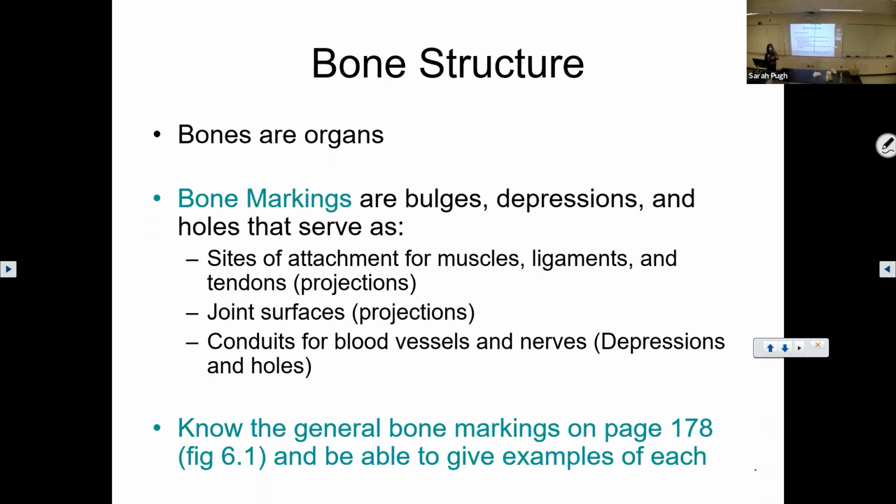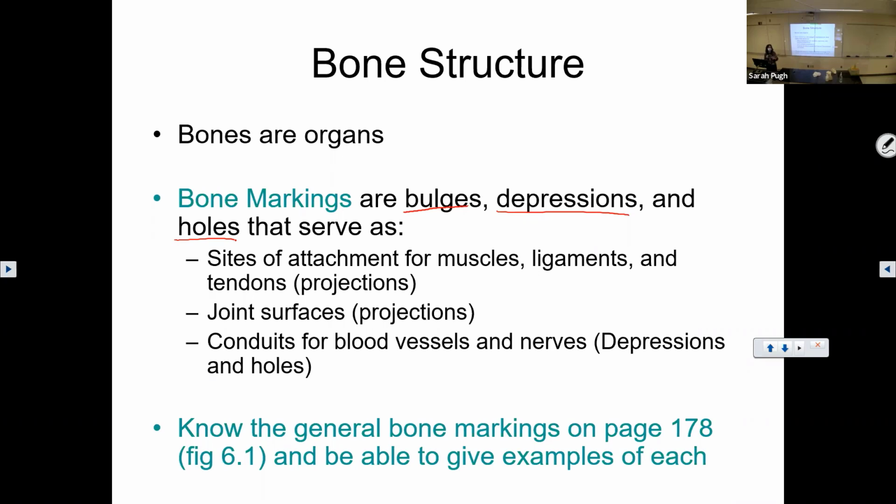But more importantly, you are identifying what are called bone markings. A bone marking is a bulge, a depression, or a hole on that bone.